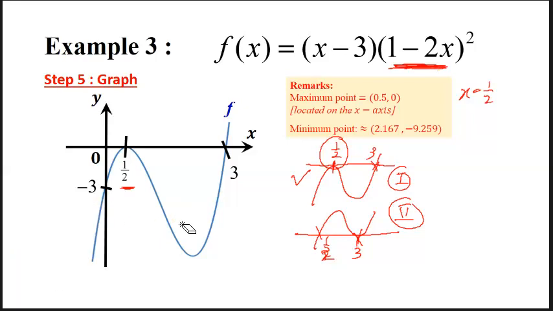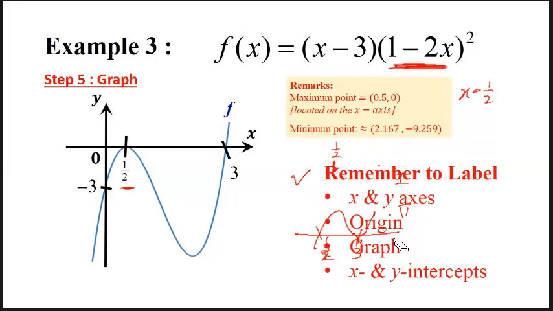And before we end the presentation, once again, remember, in your graph, make sure you label the x and y axes, label the origin, label the name of the graph, function f, the x and y intercepts, and, if needed, label the maximum and minimum point.